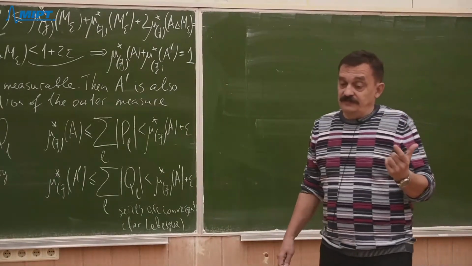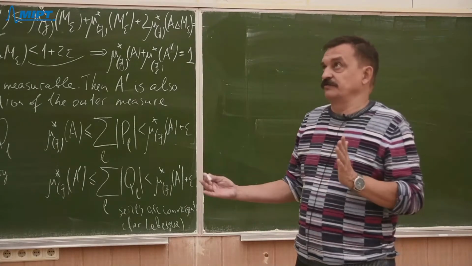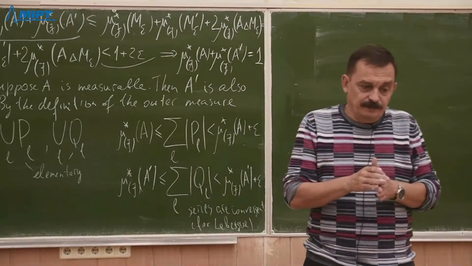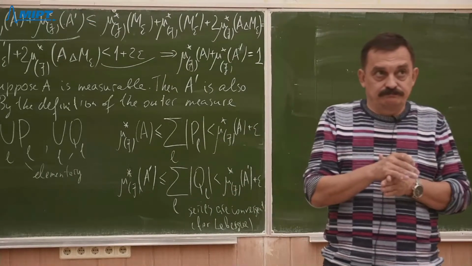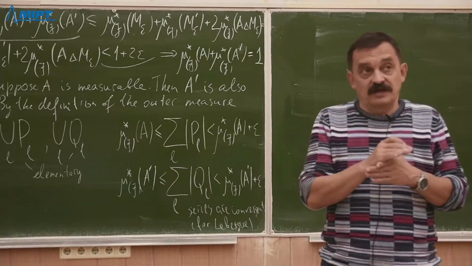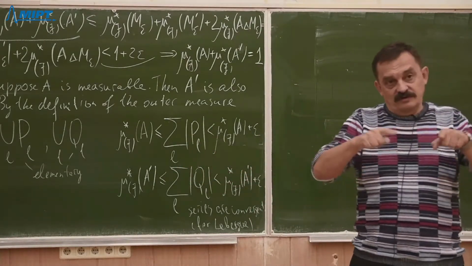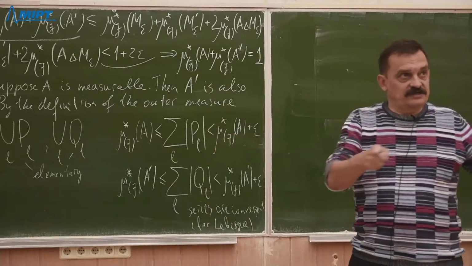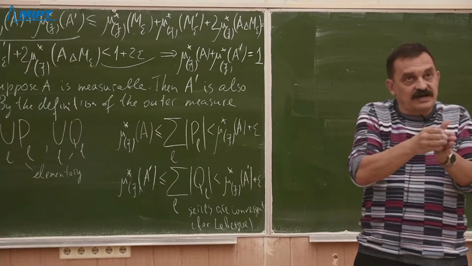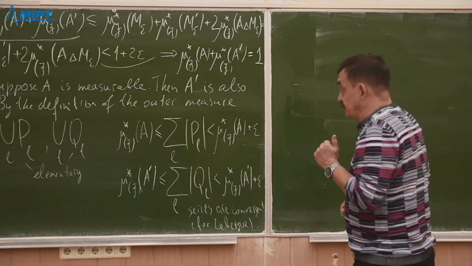And if the series converges, it means that the partial sums converge to the sum, and the remainder tends to 0. The whole sum contains the first terms, the partial sum, and the rest, the remainder. The remainder tends to 0.